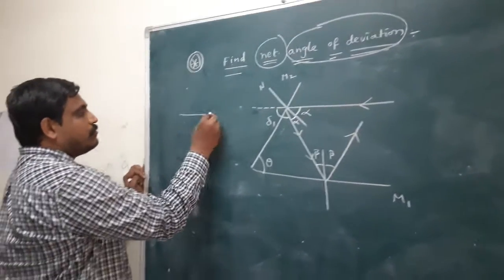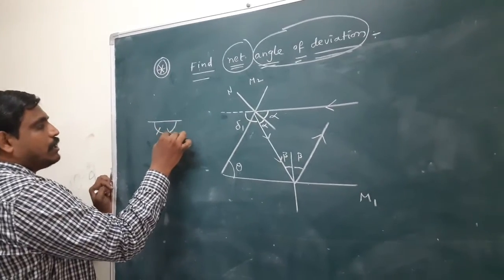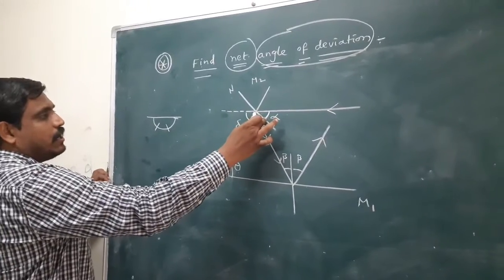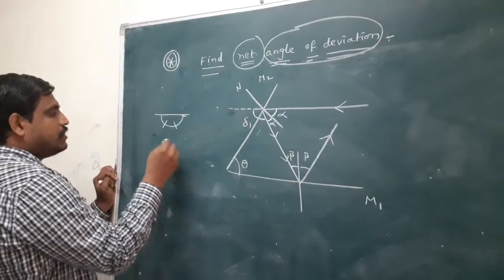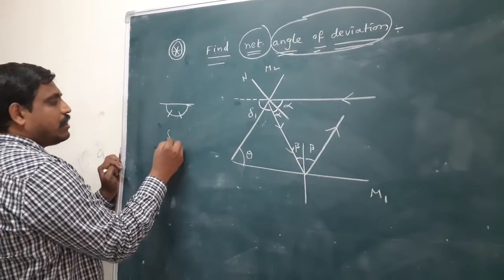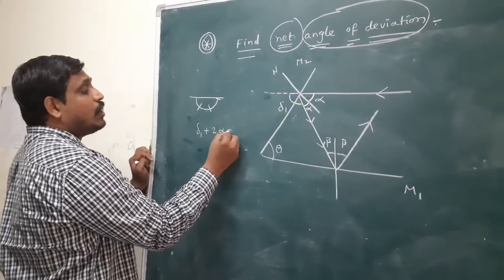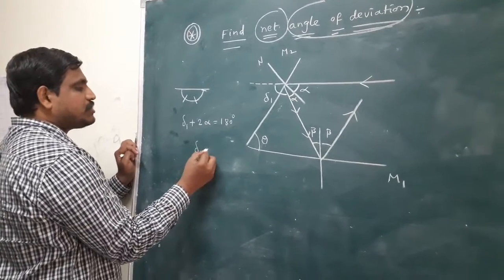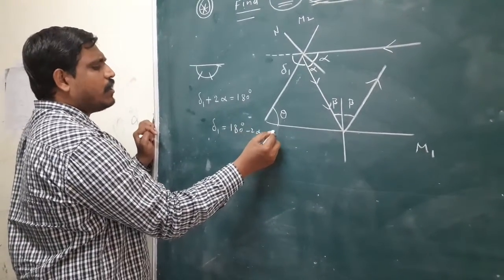According to the diagram, here to here is delta 1, and here are alpha, alpha. This total angle becomes 180. So delta 1 plus 2 alpha equals 180. According to this equation, delta 1 equals 180 minus 2 alpha.